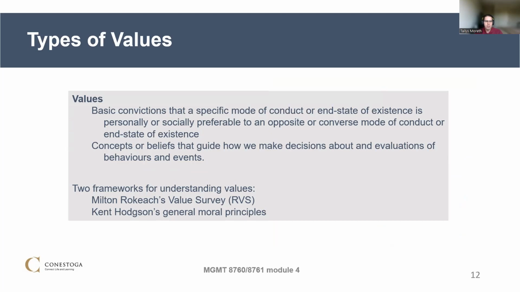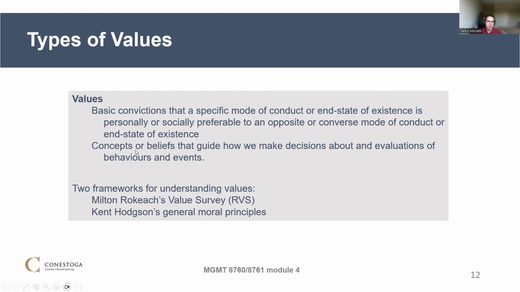Types of values. We have two different types of values. First, we have basic convictions that a specific mode of conduct or end state of existence is personally or socially preferable to an opposite or converse mode of conduct or end state of existence.